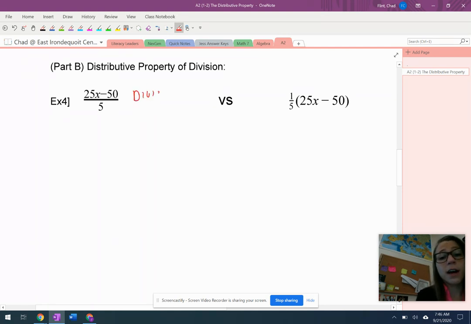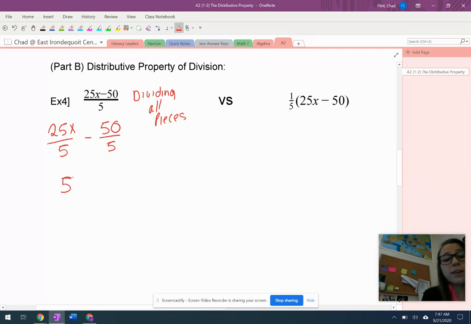So you're just dividing all pieces. So 25x divided by 5 minus 50 divided by 5. 25 divided by 5 is 5, and the x comes down. 50 divided by 5 is 10. So we have a simplified answer of 5x minus 10.